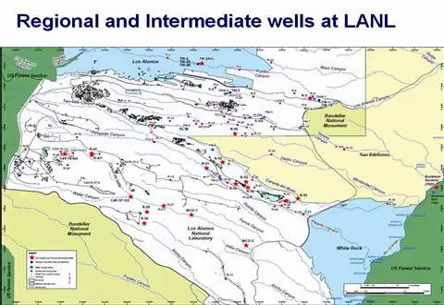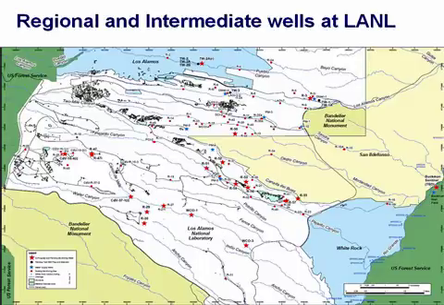Just again to give you a perspective about the amount of regional and intermediate wells that they drilled in Los Alamos. This is a map, and with the red stars, we're showing only the wells which are going to be drilled in this FY. A substantial amount of wells are drilled close to the TA54 area, also related to the chromium plume, and also in the area of TA16, the high explosive site.